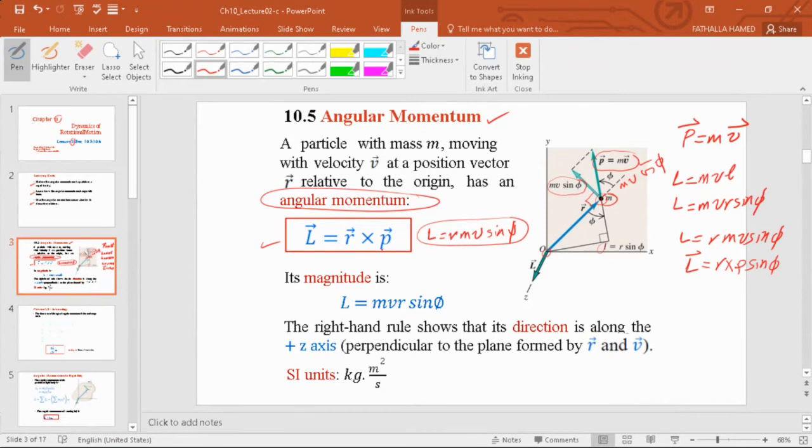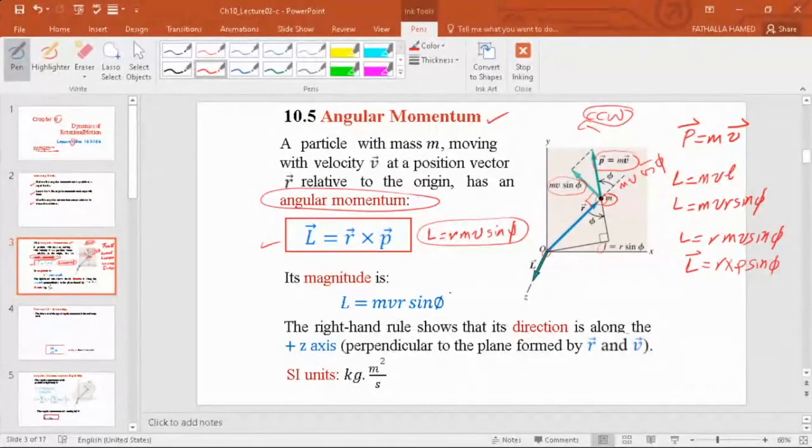And you have to use the right hand rule to decide on the direction of your rotation. Remember, in this case, if it's moving this way, it's counterclockwise, and that will be around the positive z-axis here in this situation.